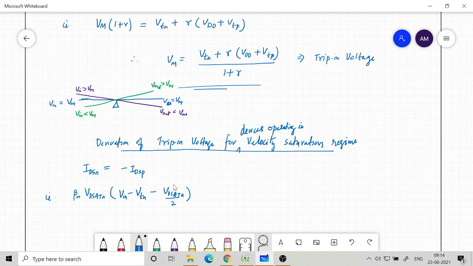Let me just write the equation, so you can have 1 plus lambda n VDS. So VDS is what? VDS for NMOS is basically V out.